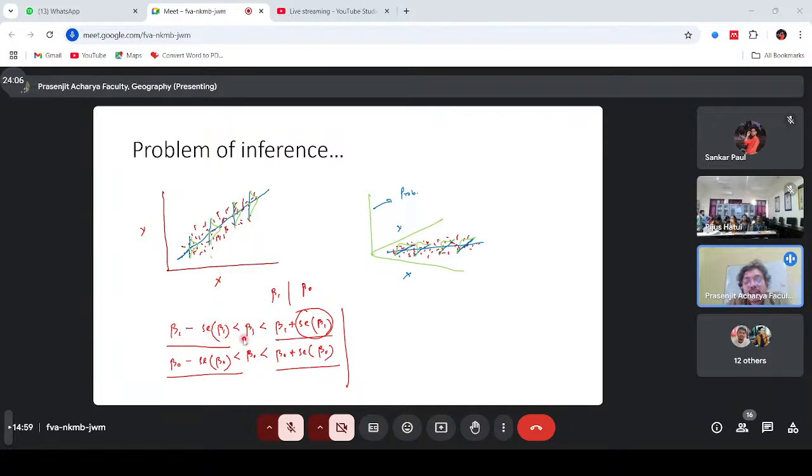Then just subtract the standard error from the estimated beta 1 and make that the lower boundary, and add the standard error of beta 1 to the computed beta 1 to find the upper boundary. So now we can say that we have a lower boundary and an upper boundary within which the true beta value could be found.